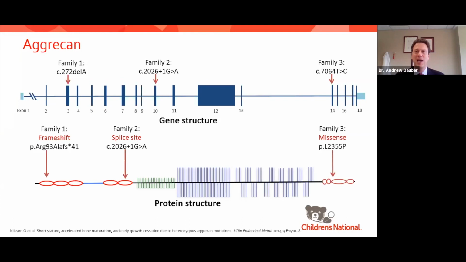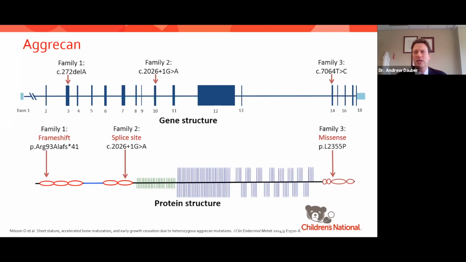It's found in the extracellular matrix in the growth plate and also on the articular surfaces of cartilage. And prior to our publishing this paper in 2014, there had been 3 families in the world ever described with mutations in the Aggrecan gene. And each one of them had their own skeletal dysplasia named after them.